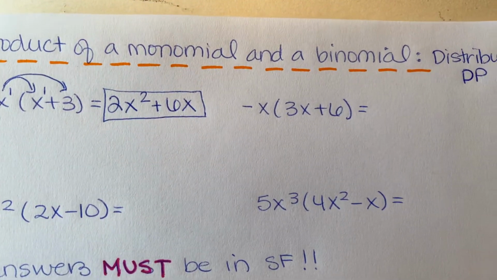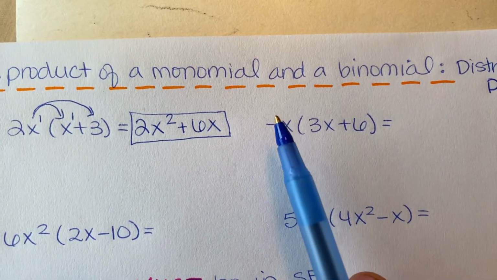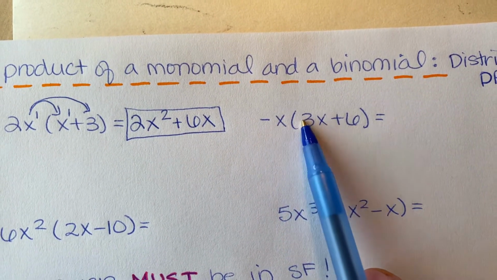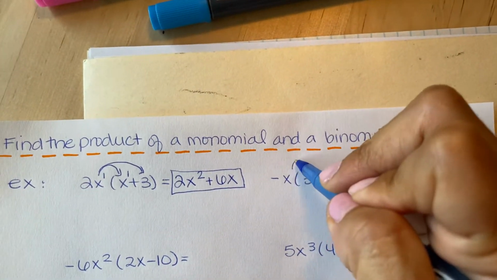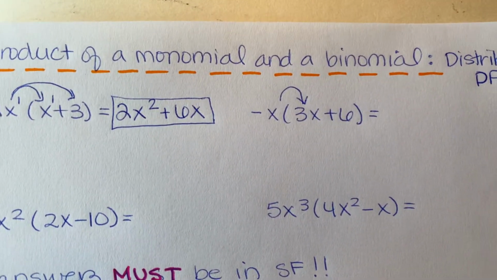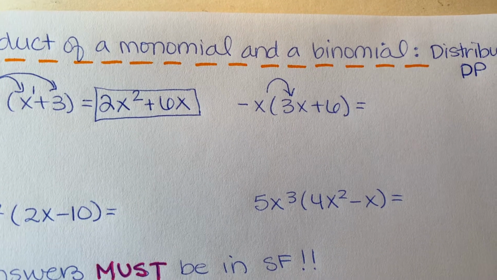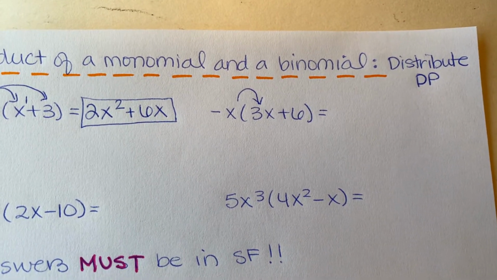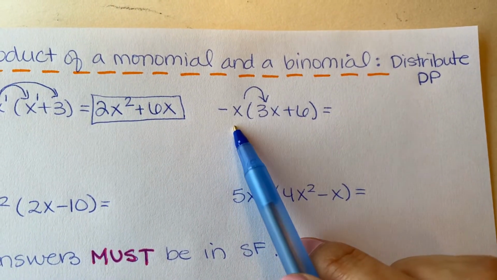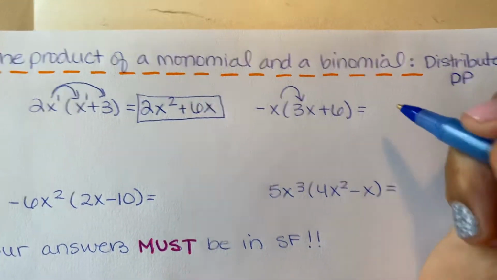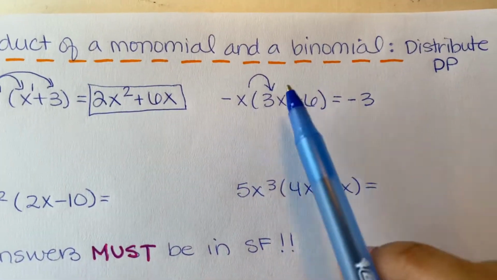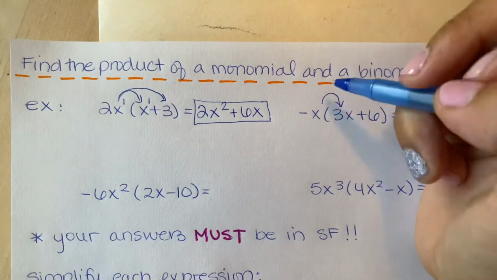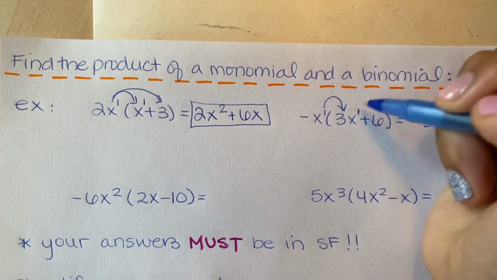Okay, next. Negative 1 times 3, right? Because we're going to first distribute or multiply negative x to the 3x, the first term in that binomial, right? So negative x times 3 is negative 3. And then x times x, remember there's really a 1 here and there's a 1 here.